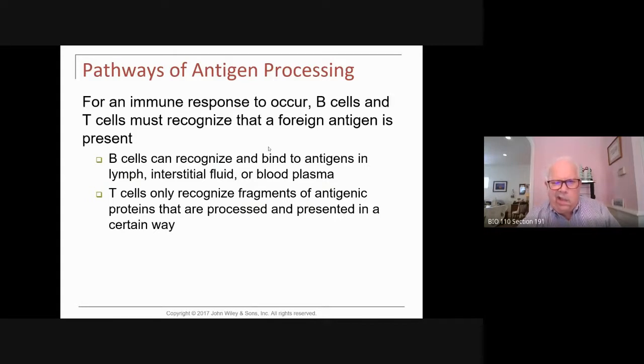B cells can recognize and bind to antigens in the lymph, in the interstitial fluid, or in the blood plasma. T cells, which directly kill, can only recognize fragments of antigenic proteins.